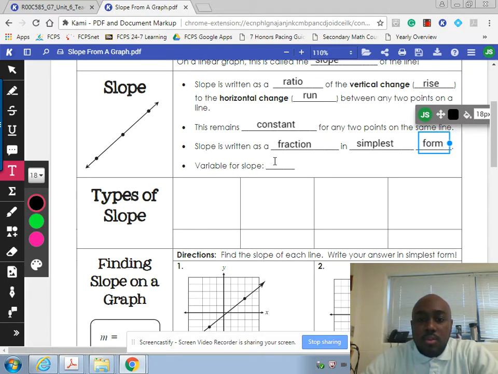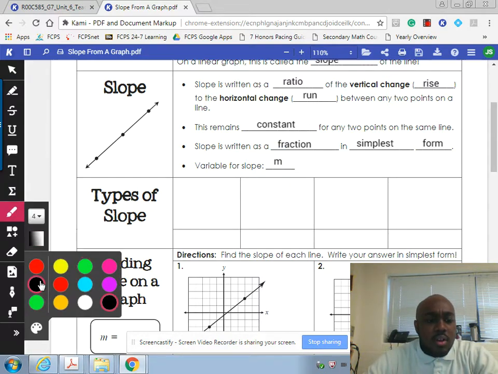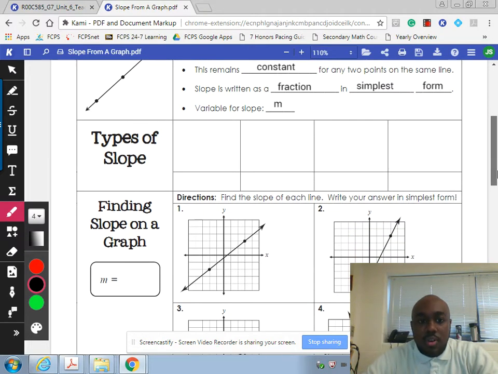And the variable that we represent slope with is m. Anytime you see m throughout this unit, just know that we are referring to slope.